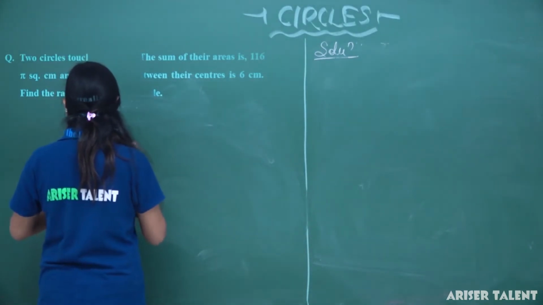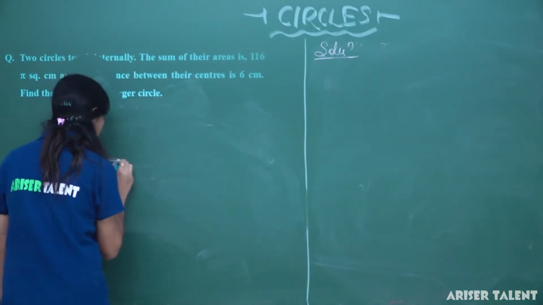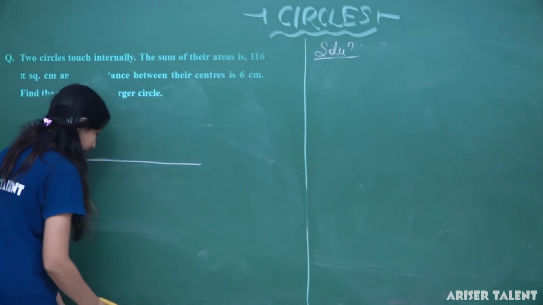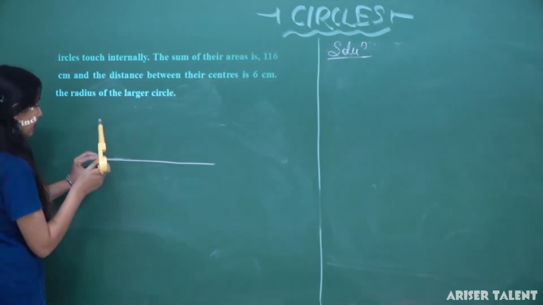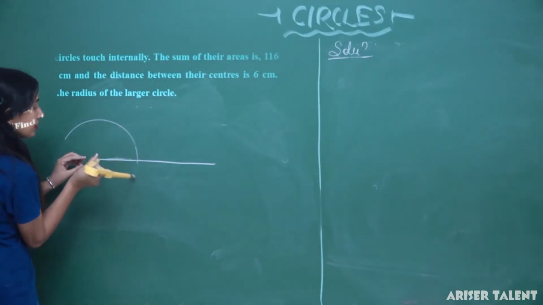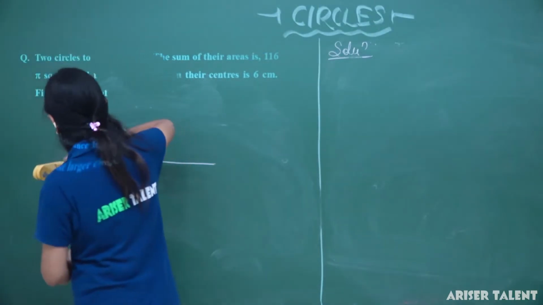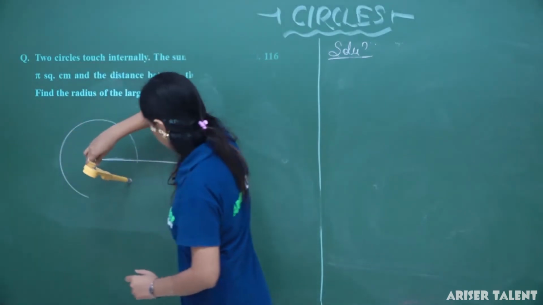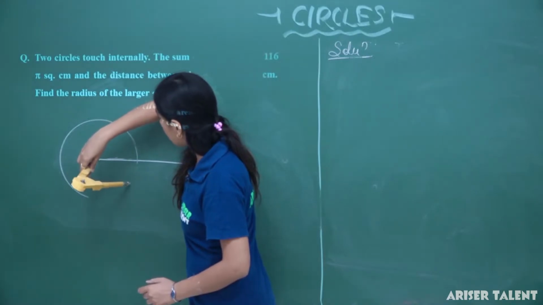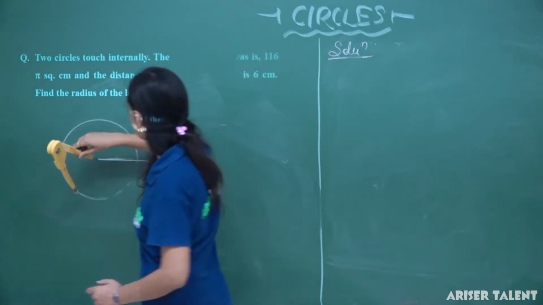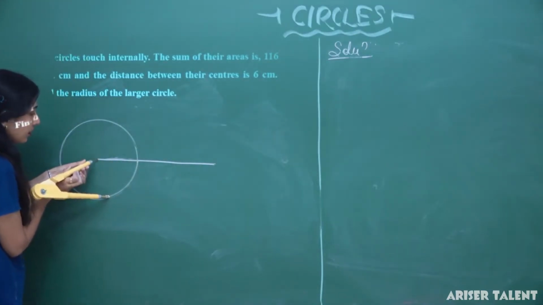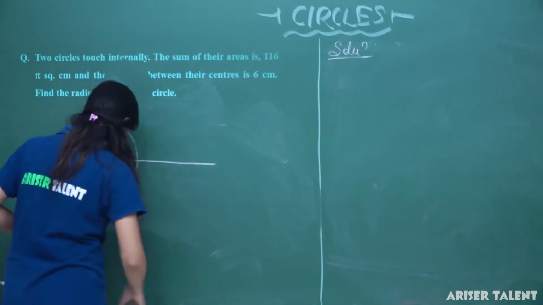From this if I make a circle like this, try to understand this question. So this is the larger circle, I am telling you.